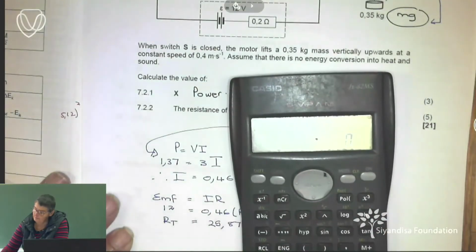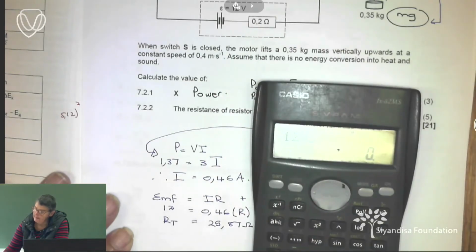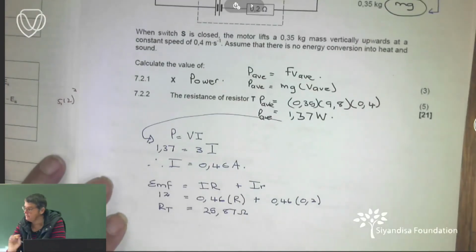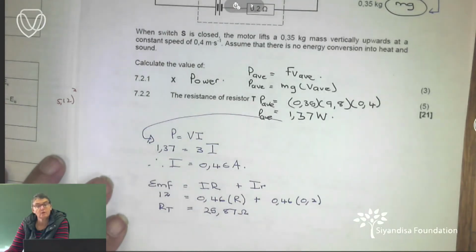It's going to give me 12 minus 0.46 times 0.2, divided by 0.46, equals 25. So that gives me 25.87 ohms. But now remember that is my total resistance.